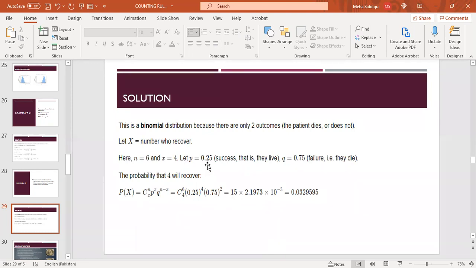Let p be equal to 0.25, since success means they are alive, and failure is that they die, which we get by 1 minus 0.25, that is 0.75. So applying these values, this is the combination for the successes, as we know how it is calculated through the combination rule, and then applying this formula we get the value 0.03.